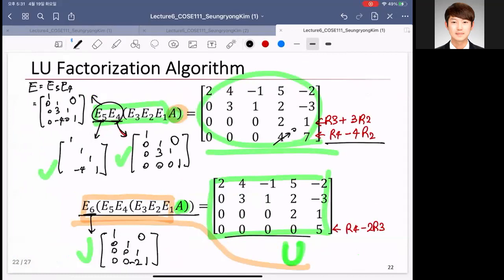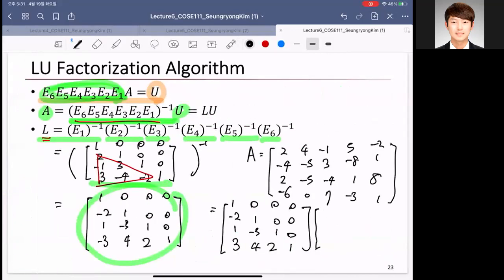Where is that? Yeah, 2, 4, negative 1, 5, negative 2, 0, 0, 0, 3, 0, 0, 1, 0, 0, 2, 2, 0, negative 3, 1, 5.